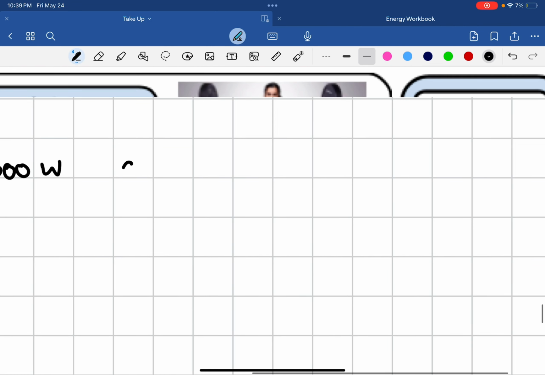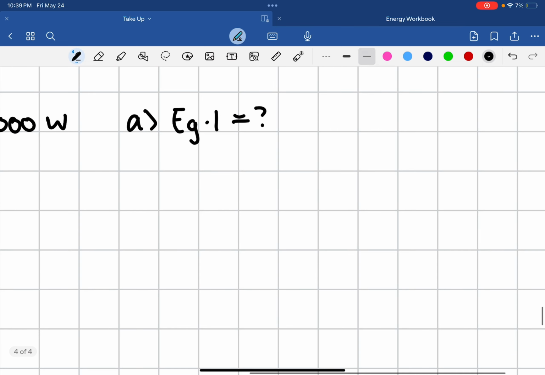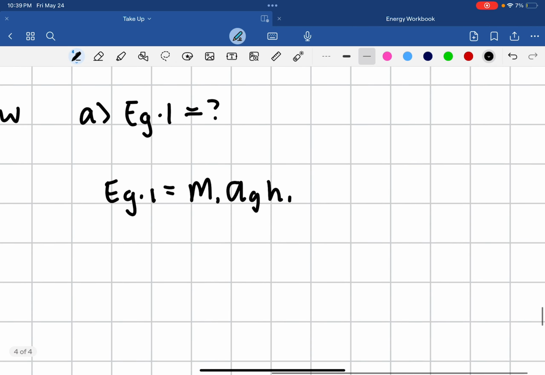So part A is asking for the gravitational potential energy of the load. So let's find that using the equation mass times acceleration due to gravity times the height.